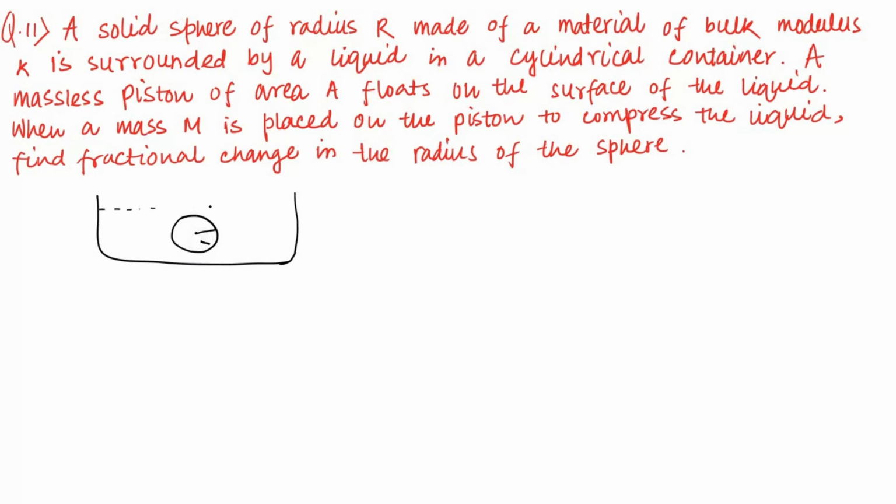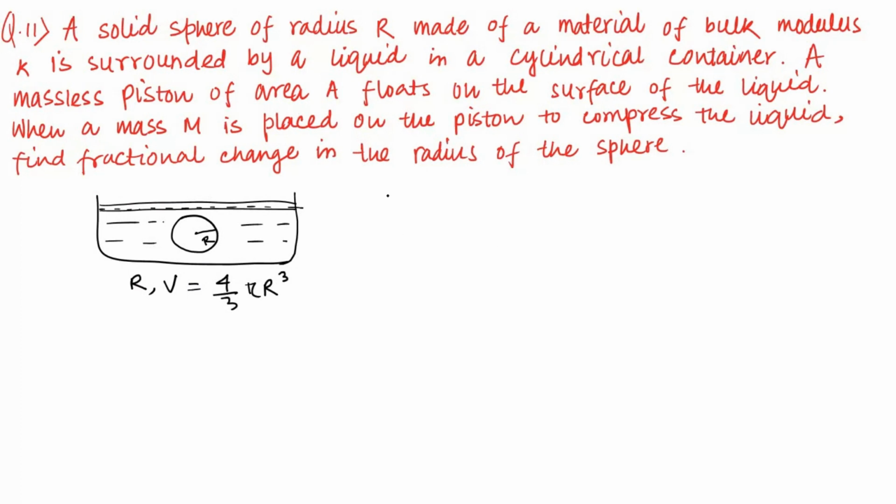Here we have some liquid, and here we have a massless piston, and all of this is liquid in that container. Initially the radius of that solid sphere is r, so the volume of that sphere is 4/3 pi r cube, right?